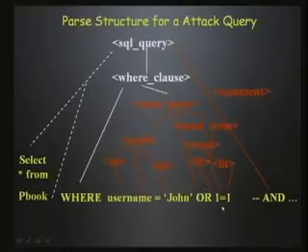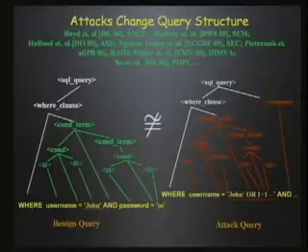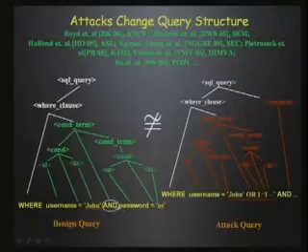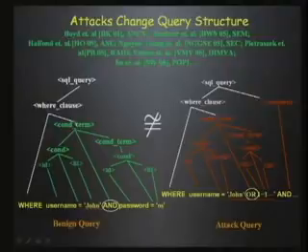So what I'm trying to say here is that the parse tree structure of a benign query is completely different from that of an attack query. If you see here, you have an AND in the condition term, whereas an OR in the condition term in the attack query. And you have a comment there, and you don't have a comment here.